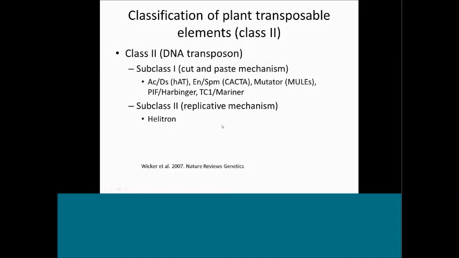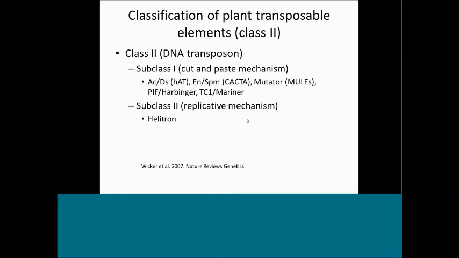Subclass 2, which was discovered less than 20 years ago, uses a replicative mechanism. They don't cut the element out. They use a mechanism that joins two sequences together and replicates that element.